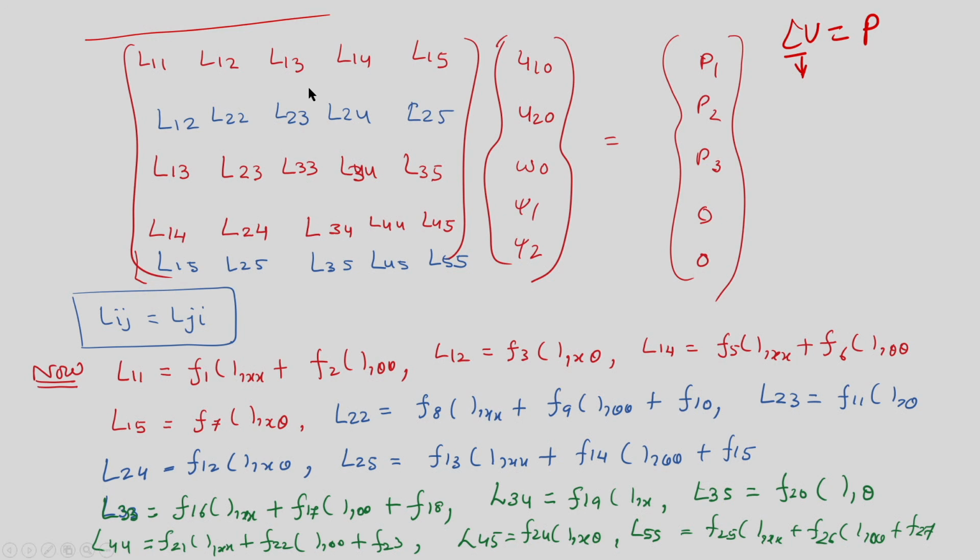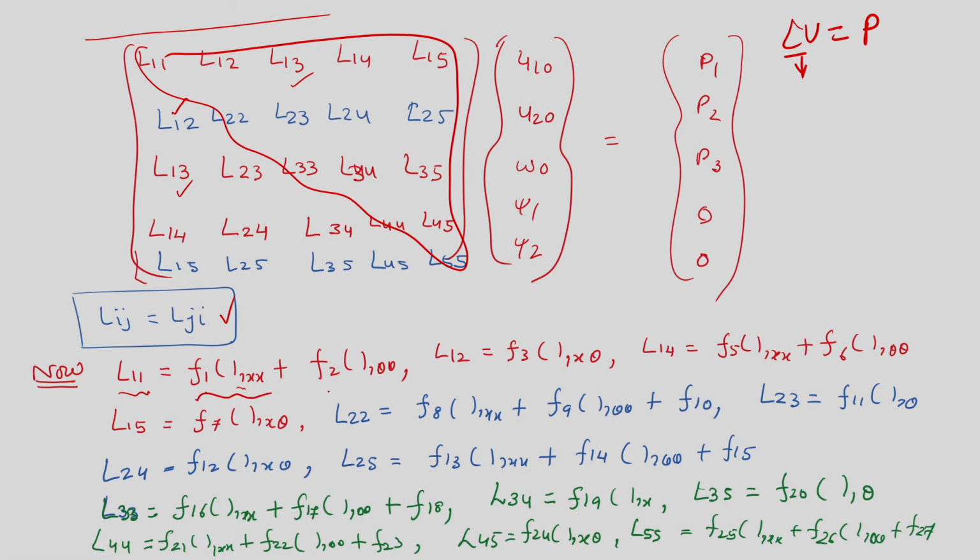The important part is that here Lij equals Lji; L12 is equal to L21, L13 is equal to L31. So, we only need the non-zero values of the upper half, and the lower half has the same values. Now I have written, let us say, L11 is equal to F1 and some terms, comma xx, plus F2 and whatever terms, comma theta theta.